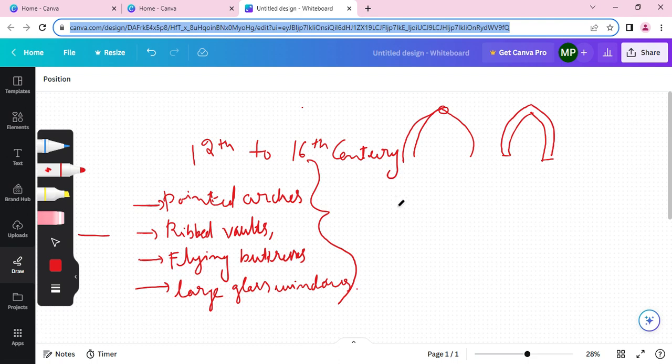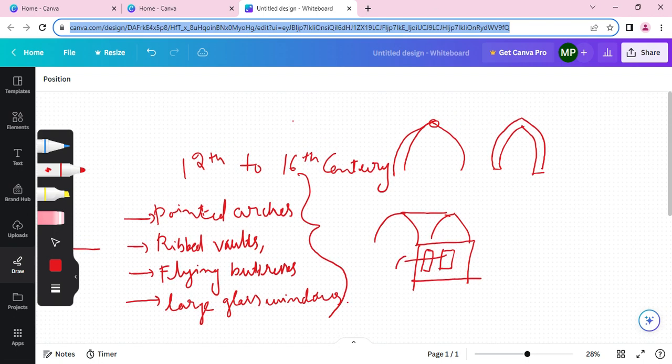Since they were able to build with arches, the external walls became much lighter, and they could have proper windows with large lighting and ventilation coming inside the cathedral.